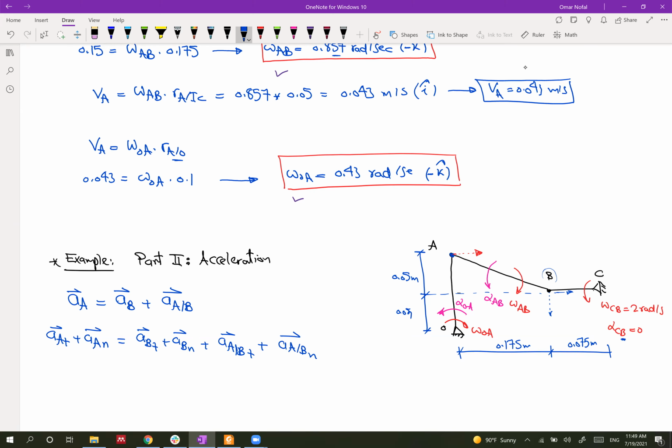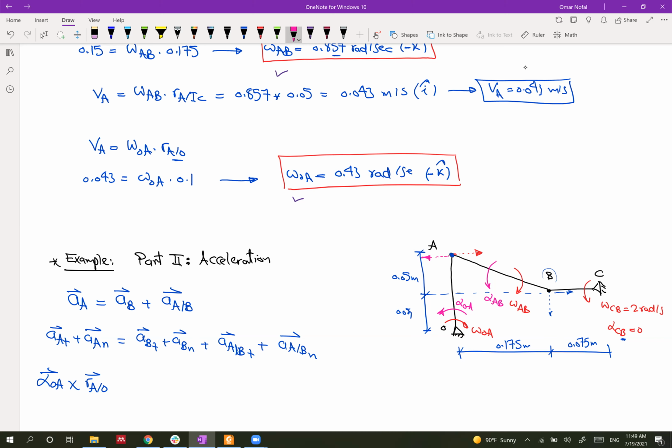So based on A_A tangent will be equal to alpha OA crossed by RA with respect to O, and it should be something in this direction.